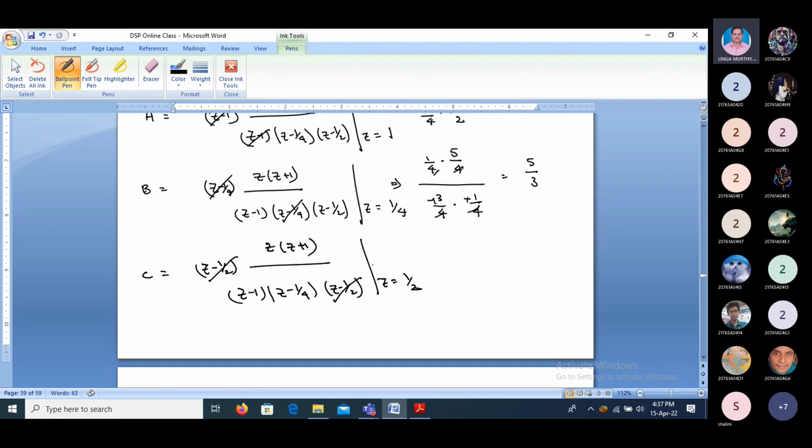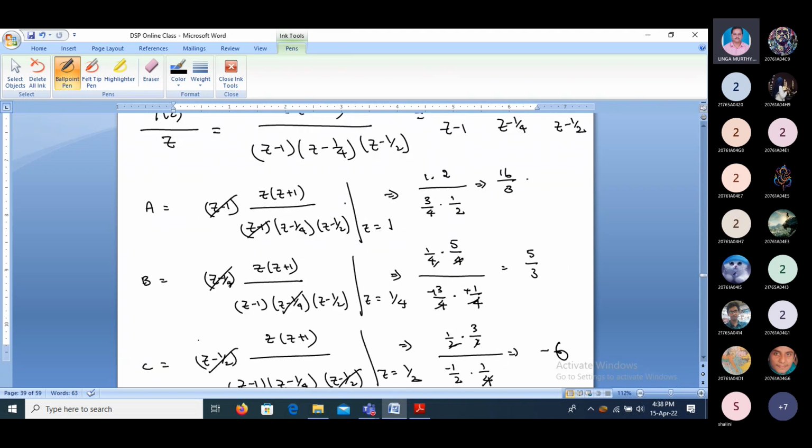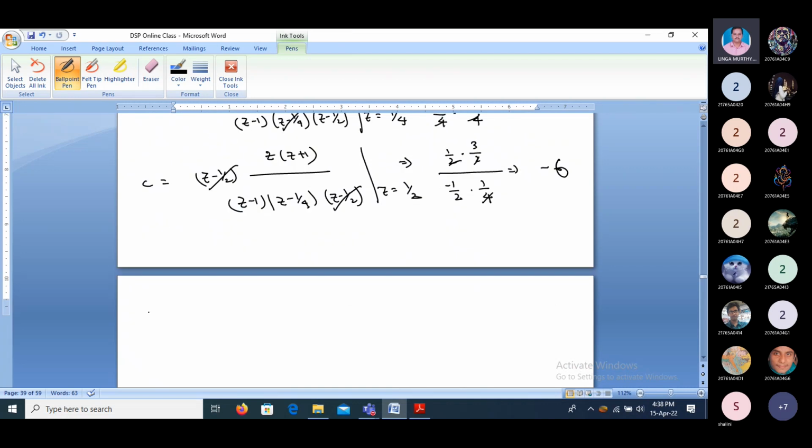So z minus 1/2 gets cancelled. So 1/2 plus 1 is 3/2, divided by 1/2 minus 1, minus 1/2, times 1/2 minus 1/4, 1/4. 2, 2, 4 get cancelled. Answer is minus 6. So this is about the values of the A, B, C constants.